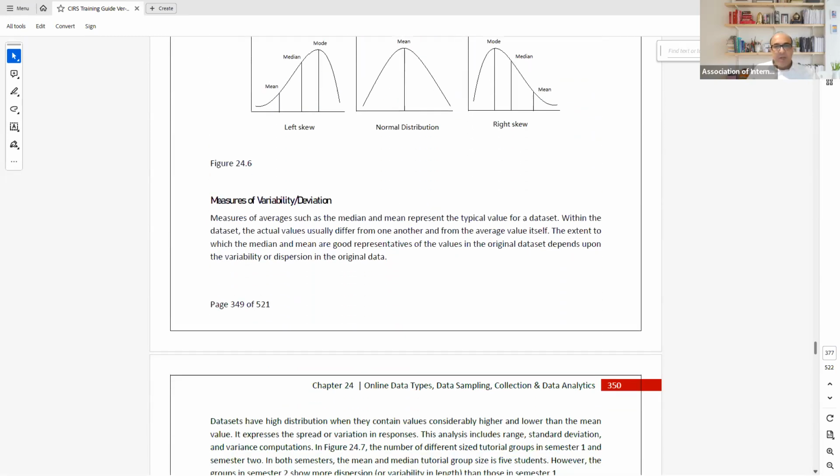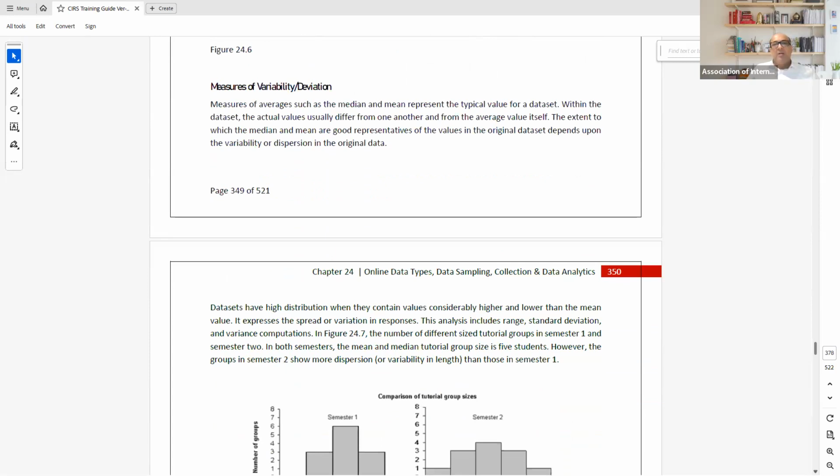Now, the other terms are what we call in analytical calculations measures of variability or deviations. I'm sure you can recall standard deviation in statistics, if you have learned that. What deviation means is moving away from a fixed point.